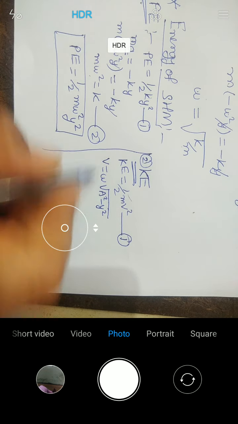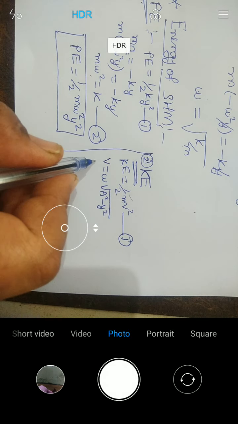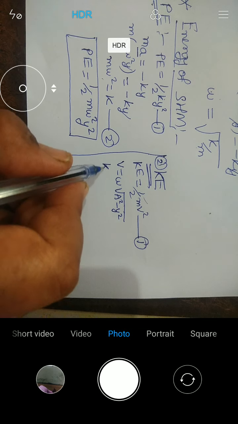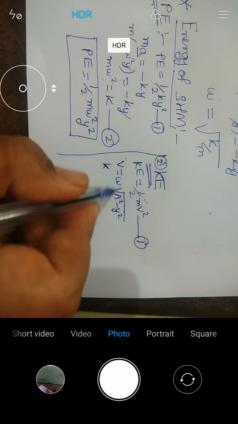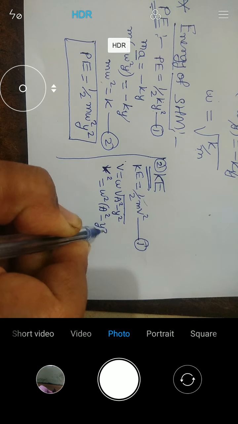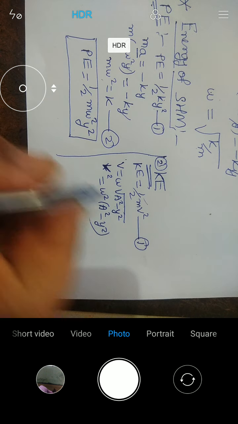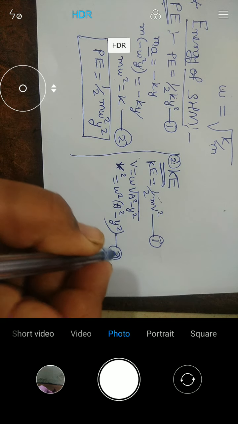In this equation 1, you put the v value. Since v is equal to omega square root of a square minus y square, then v square is equal to omega square in bracket a square minus y square. For removing the square root, you take the square on both sides. Suppose this is equation number 2.